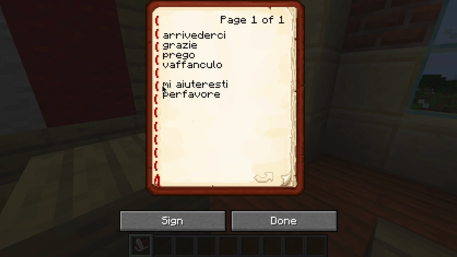Mi means me, like talk about yourself, and aiuteresti is helping me out. But we'll get in depth with the verbs eventually. Aiuteresti is just a way of saying it more kindly, because you can say aiuti, but aiuteresti is more formal, as when you don't know the person. But yeah, these are the essential words, I guess.